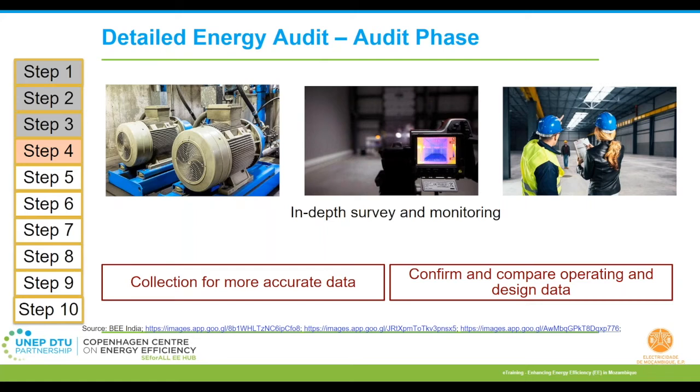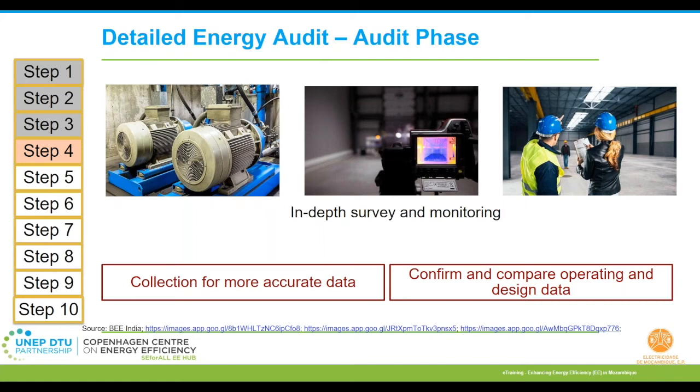In the insulation part, you roughly see which surfaces of the pipelines have bad insulation. Lighting surveys are done to see firsthand what type of fittings are installed, how many are used during the daytime, and how many will be used during the evening. Other equipment details, lists and capacities will also be captured.